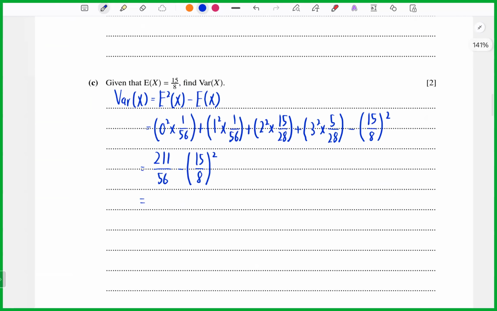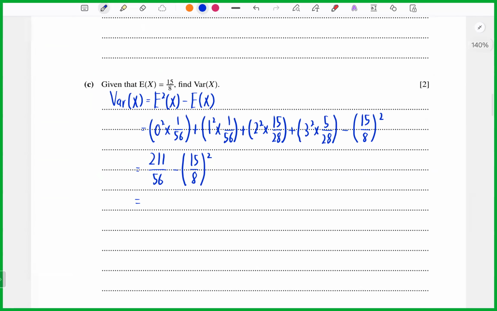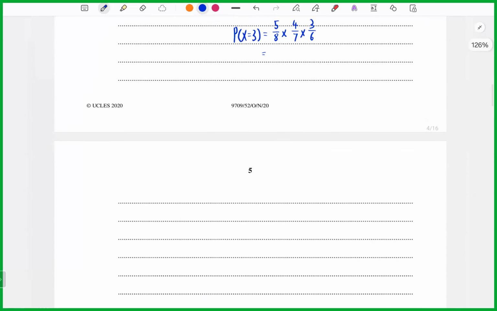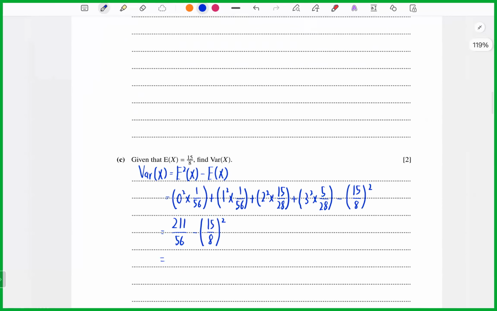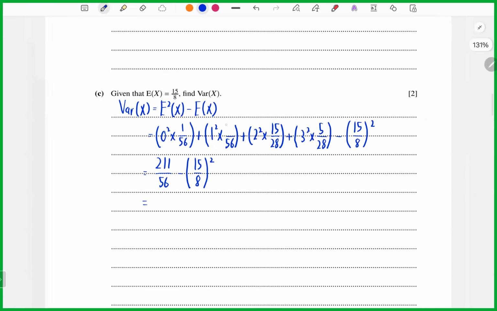Oh okay, I'm missing one right here, 15.